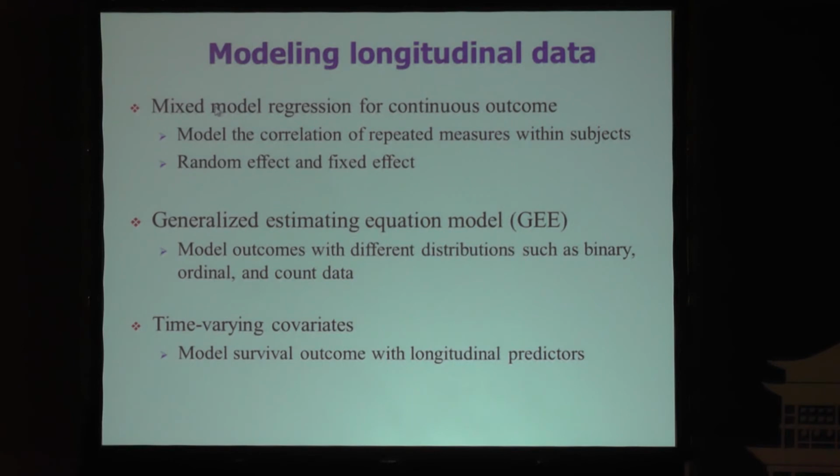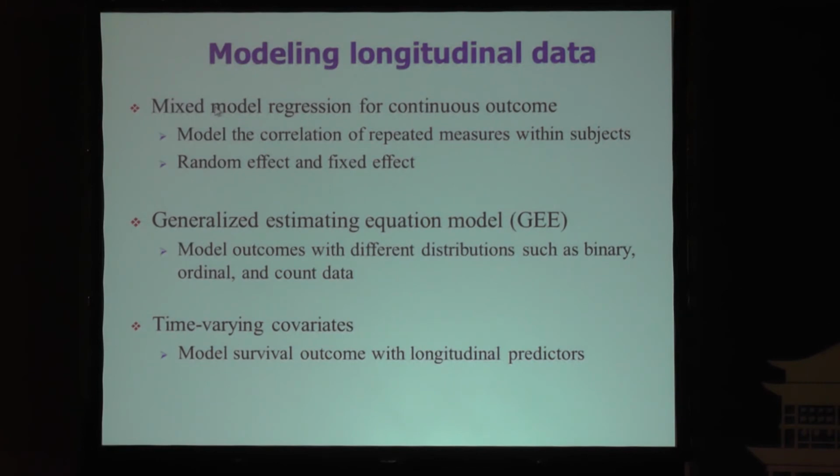And then longitudinal data. Longitudinal data is quite commonly encountered in cancer research, for example in quality of life studies. For each individual, we have repeated measures of multiple quality of life scores. The models we use for longitudinal data include the mixed model regression, which is used for continuous outcomes, and then the generalized estimating equation (GEE) model, which is more general for binary outcomes, ordinal outcomes, or count data.